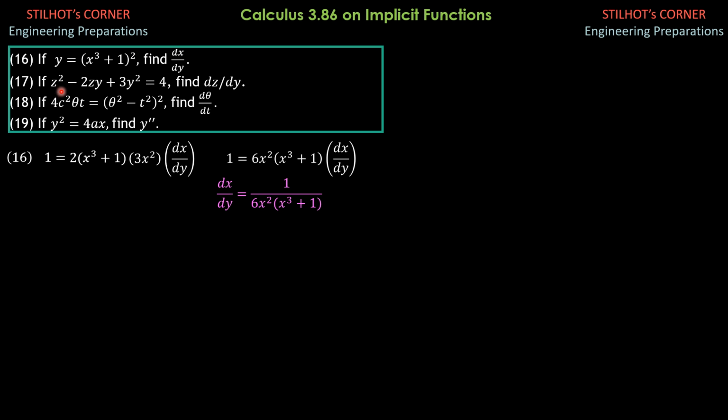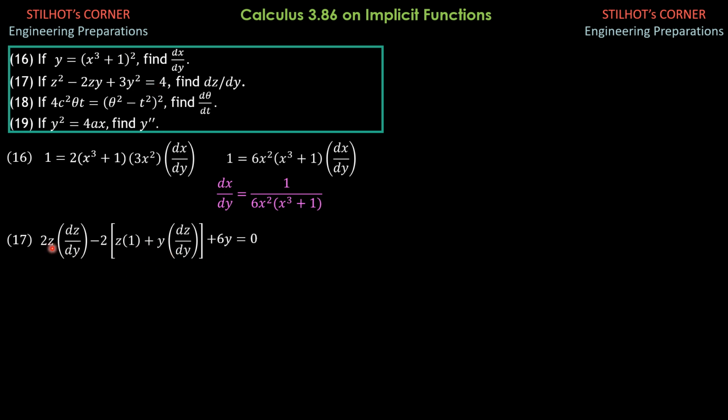If z squared minus 2zy plus 3y squared equals 4, find the derivative of z with respect to y. So this is 2z dz/dy, then minus 2 times the quantity z times 1 plus y times the derivative of z, dz/dy, then plus 6y, then equals 0.